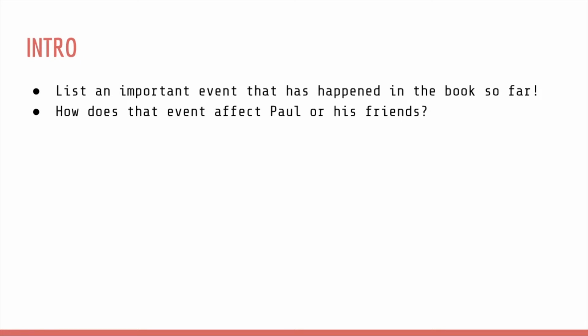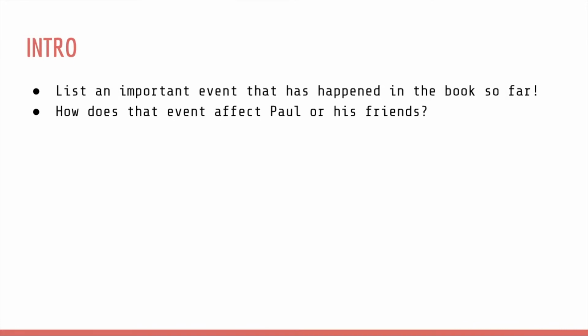Because remember, what we've been focusing on the most is how war and what these soldiers have been through are affecting them, okay? So take a couple minutes, go into that Padlet link in today's folder, pick out one event that you think is the most important that's happened so far and explain how that event affected Paul and his friends. Whenever you're done, come back to this video, okay?